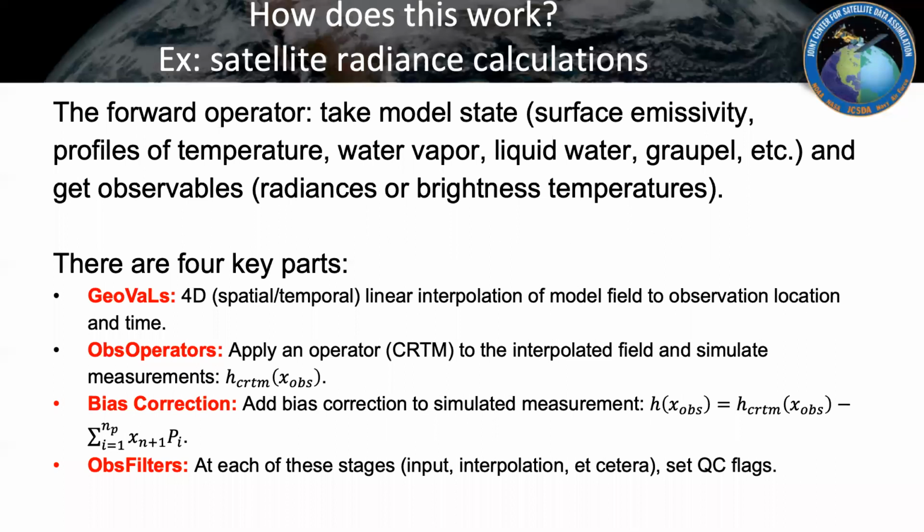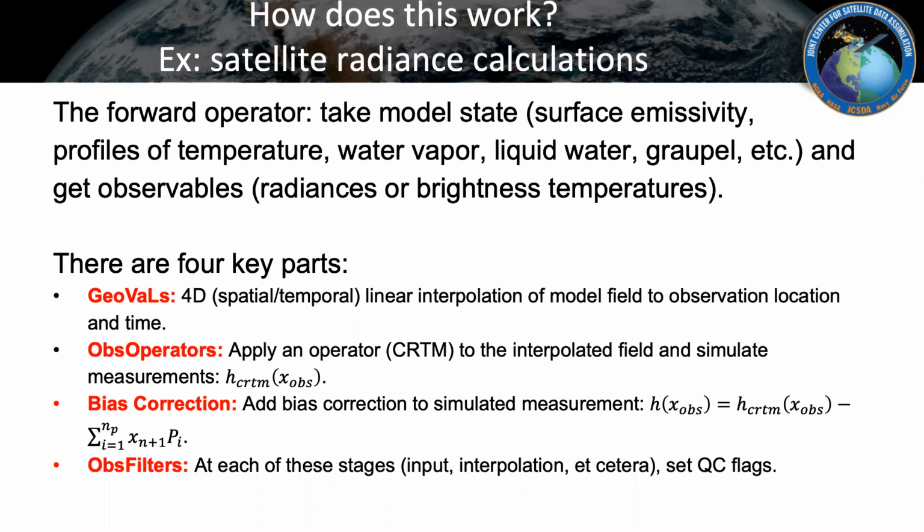Once you've done this interpolation, then you can actually apply an observation operator. For radiances, this is usually the Community Radiative Transfer Model, and we can convert the model state variables into a set of observable variables like radiances or brightness temperatures. Since no algorithm or sensor is perfect, we can also apply a bias correction transformation to attain better agreement with what the simulated observations would be.